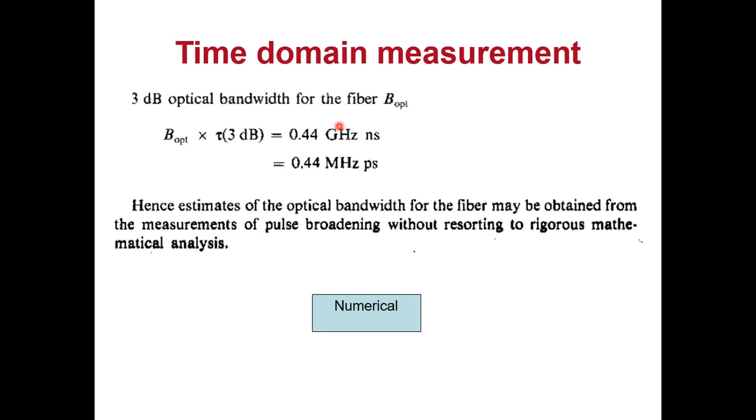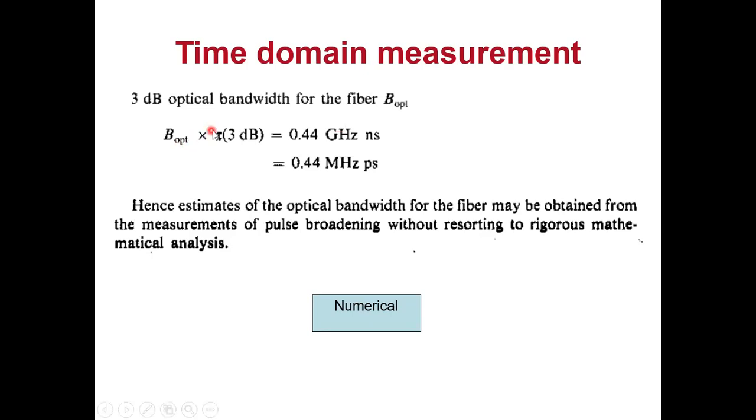The dispersion effect, or dispersion loss, limits the transmission capacity. That is what we have seen in the introductory slide. So I need to know the bandwidth after this dispersion loss took place, the actual effective, or you can say the optical bandwidth, of this particular system.